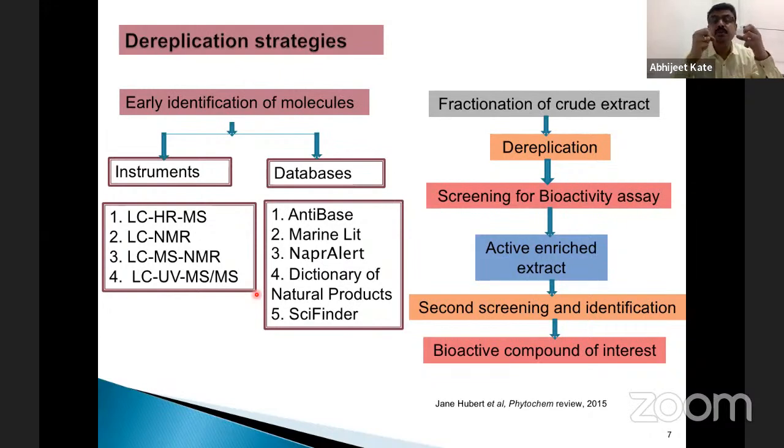Now, if you know the accurate mass, and I will show you an example in a subsequent slide of how we use that, that data can be searched throughout the different databases which are available online. Some of them are available freely, some of them are comprehensive ones. People have spent a lot of effort to create those databases, so they charge for their use.